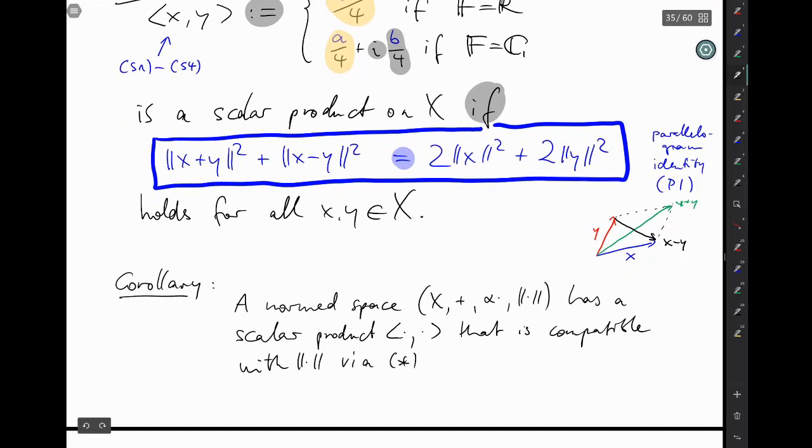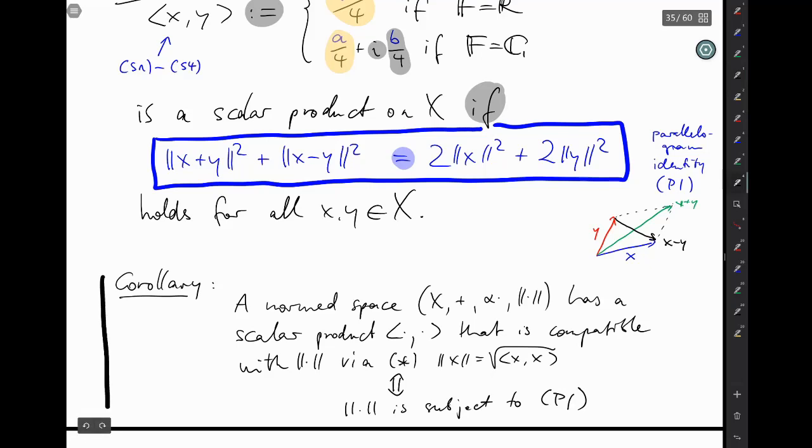So remember, star was that the norm is just given by the scalar product of an element with itself and then taking the root. Okay, very important corollary, and we will try that for different examples.